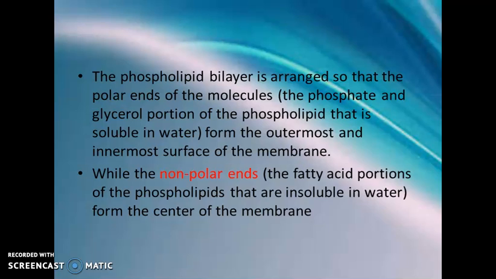While the non-polar ends, which are the fatty acid portion of the phospholipid, are insoluble in water and form the central part of the membrane. So the non-polar ends are the center of the membrane, which is the fatty acid portion, and it is insoluble in water.